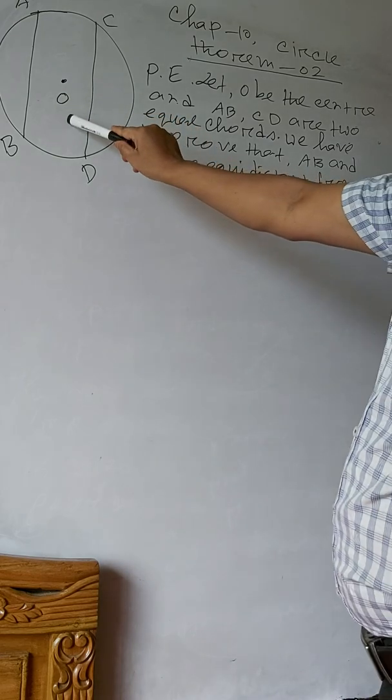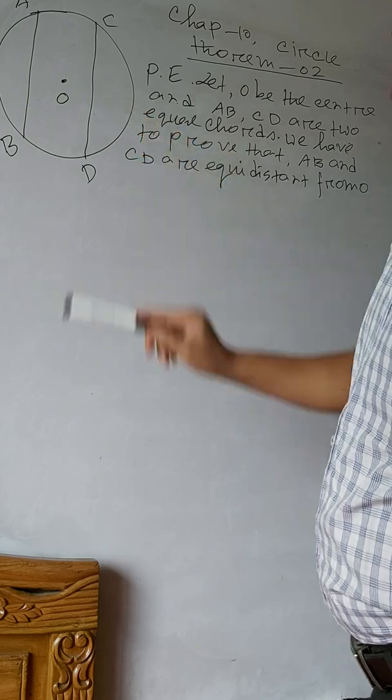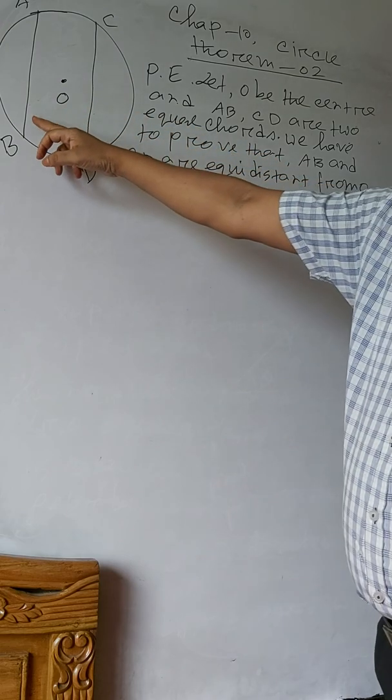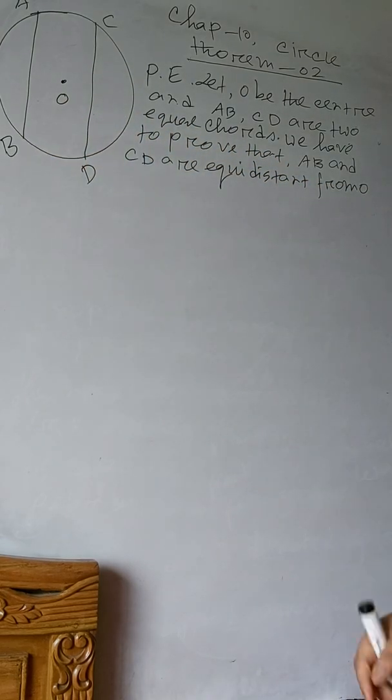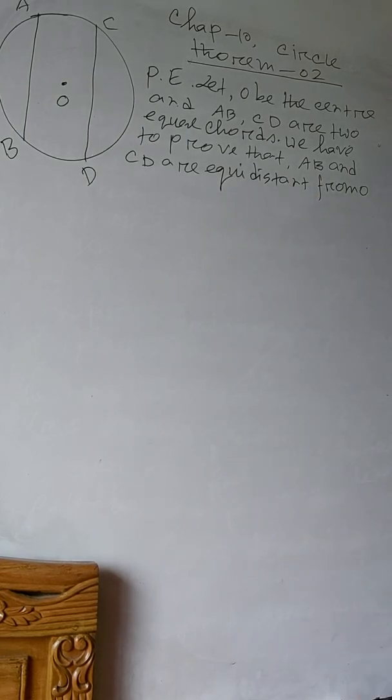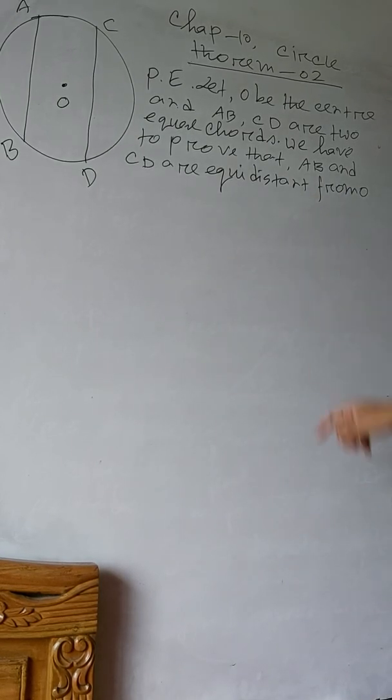O is the center of the circle, AB and CD are two equal chords, which is given. We have to prove that AB and CD are equidistant, that means equal distance, from the center O.